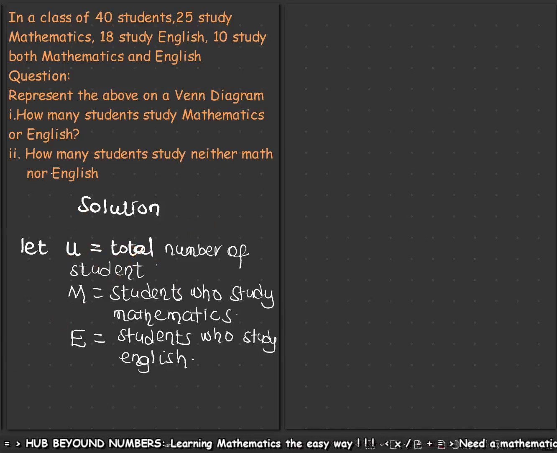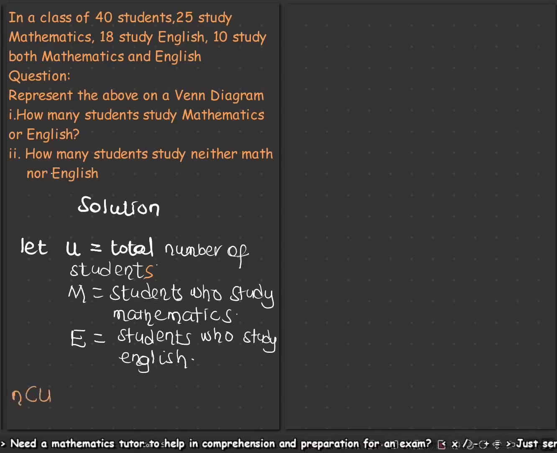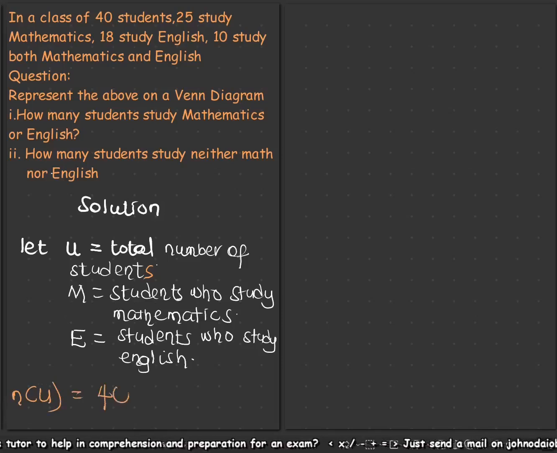Let M be students who study mathematics, and E be students who study English. So we write out what we have from the question. From the question, we know that the number of U, that is the universal set, is 40 students.